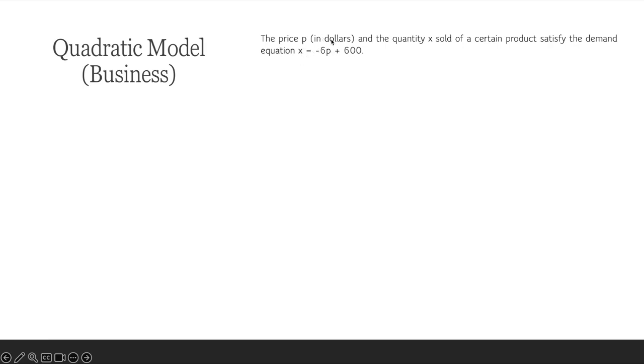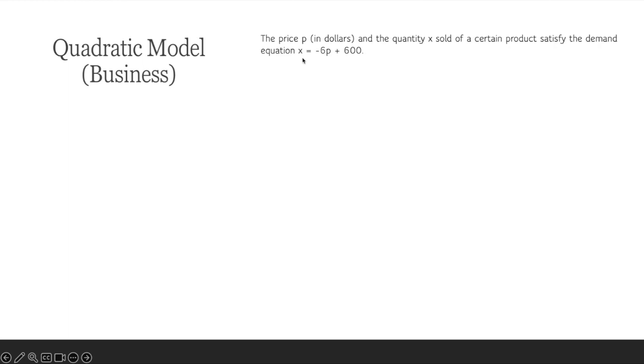Then it's very clear that first, how does a business find the demand equation? The demand equation in this case is modeled by a linear equation. It is found by collecting data over time, for a year, or it depends on the business.